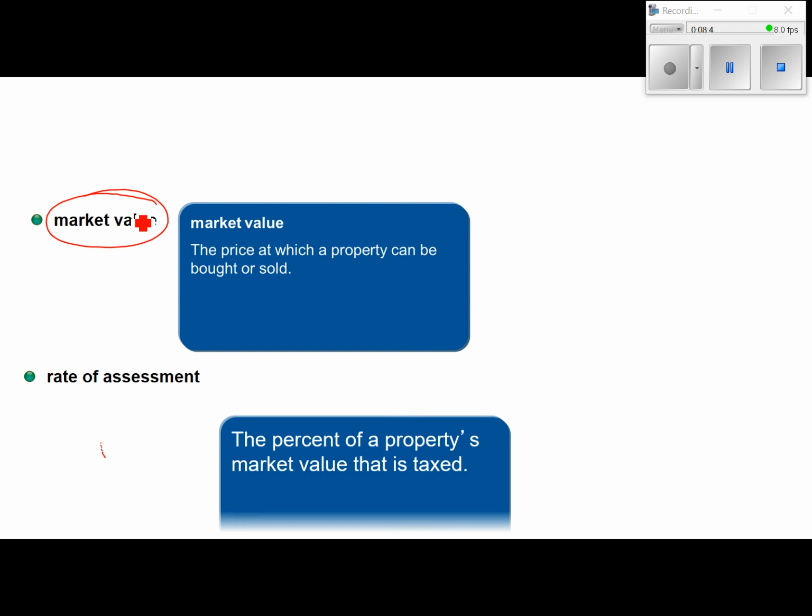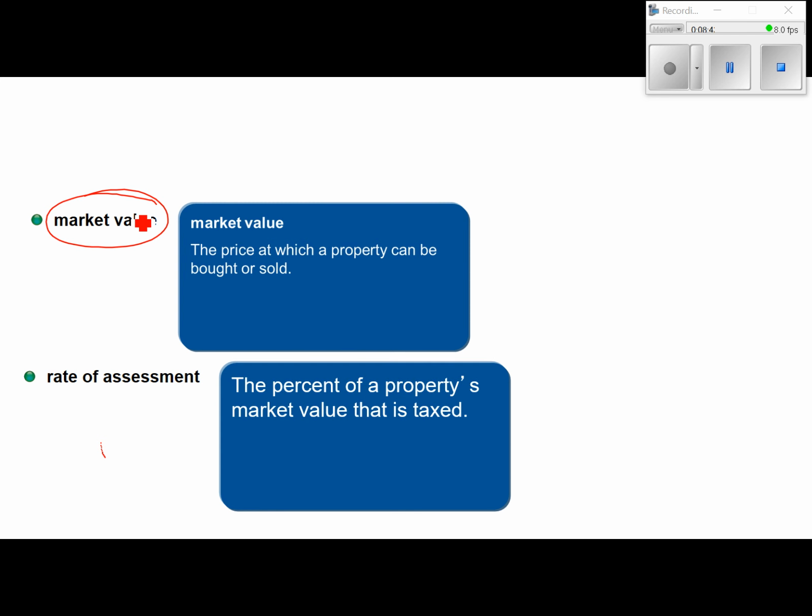The rate of assessment is the percent of a property's market value that is taxed. A lot of times what they'll do is they'll say, all right, we're not going to tax you on the whole assessed value. We're only going to tax you on 50% of the value. Some counties do it that way, other counties don't.